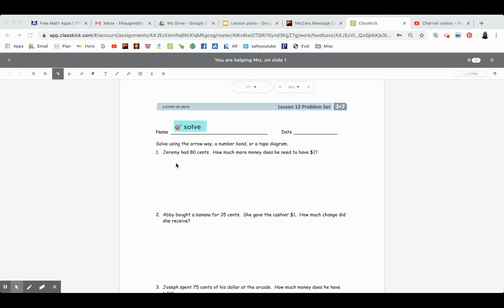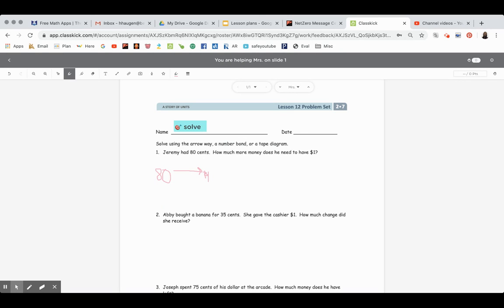Jeremy had 80 cents. How much more money does he need to have $1? So what they're asking us is if we're starting at 80 cents, how many do we need to get to $1? Or like we did yesterday, they labeled it as 100 cents, and that's okay too. So from 80, how did we get to 100?